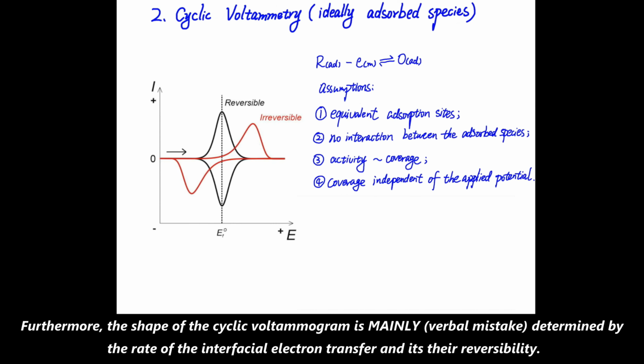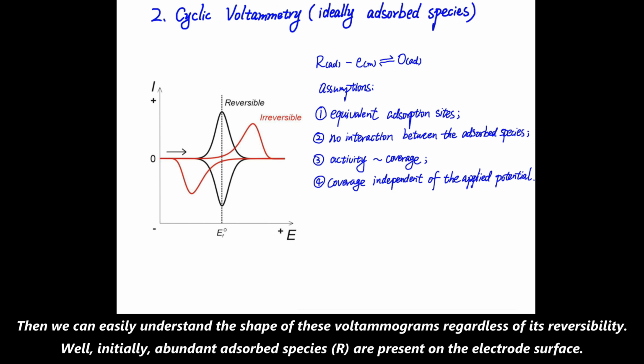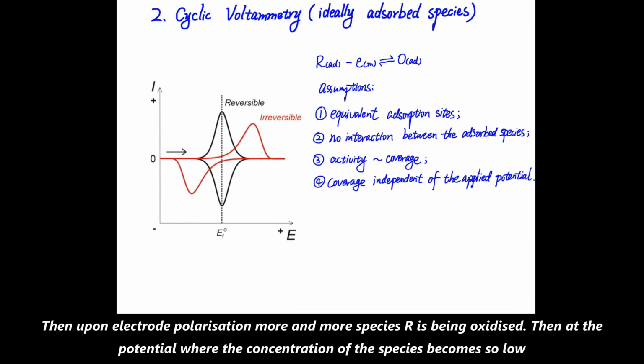Furthermore, the shape of the cyclic voltammogram is solely determined by the rate of the interfacial electron transfer and its reversibility. Then we can easily understand the shape of these voltammograms regardless of reversibility, where initially abundant adsorbed species are present on the electrode surface, and then upon electrode polarization, more and more species R is being oxidized.